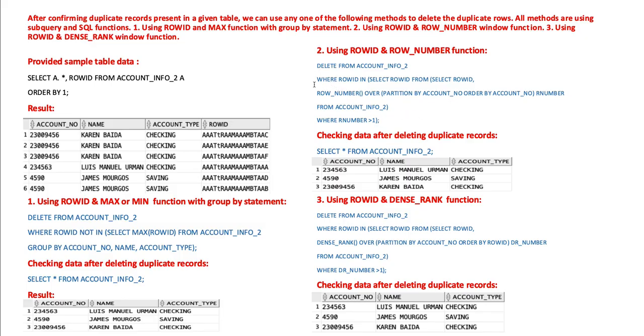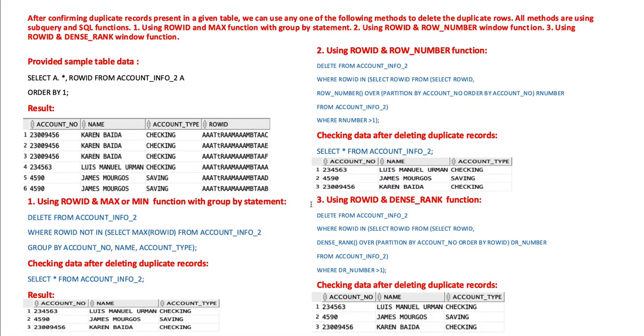When we run this code, it will delete all the duplicated records, and after that we can check the final records present in the table by using SELECT * FROM account_info_2. After running this code, we will get the result as shown below, which is exactly the same as the previous one.